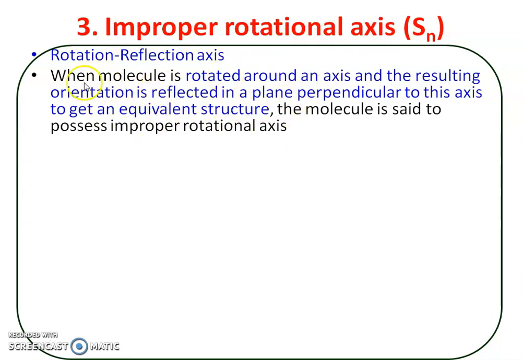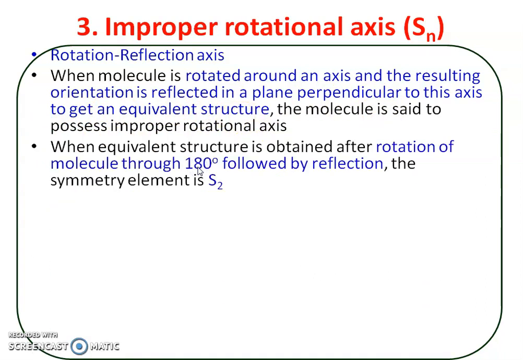So the meaning is very important. The meaning is, when a molecule is rotated around an axis and the resulting orientation is reflected in a plane perpendicular to this axis to get an equivalent structure, the molecule is said to possess an improper rotational axis.